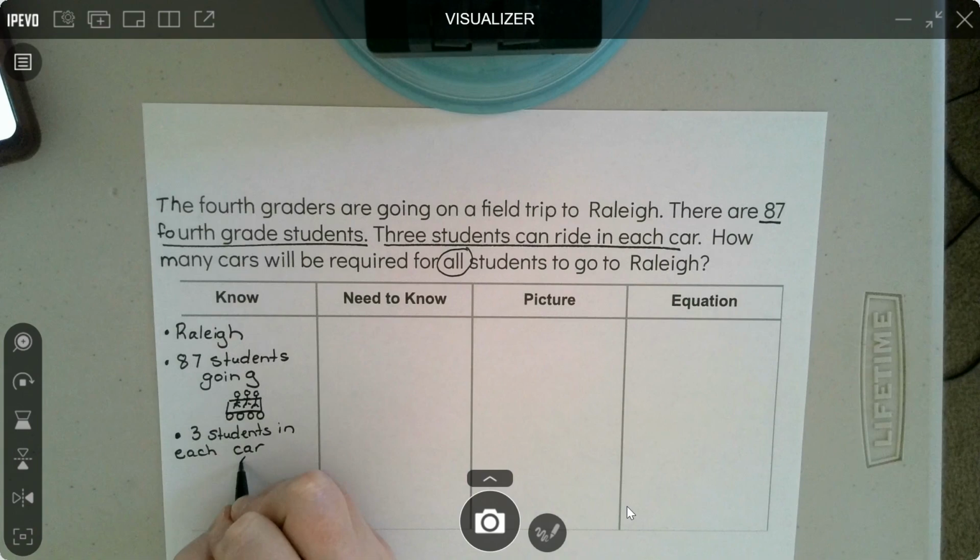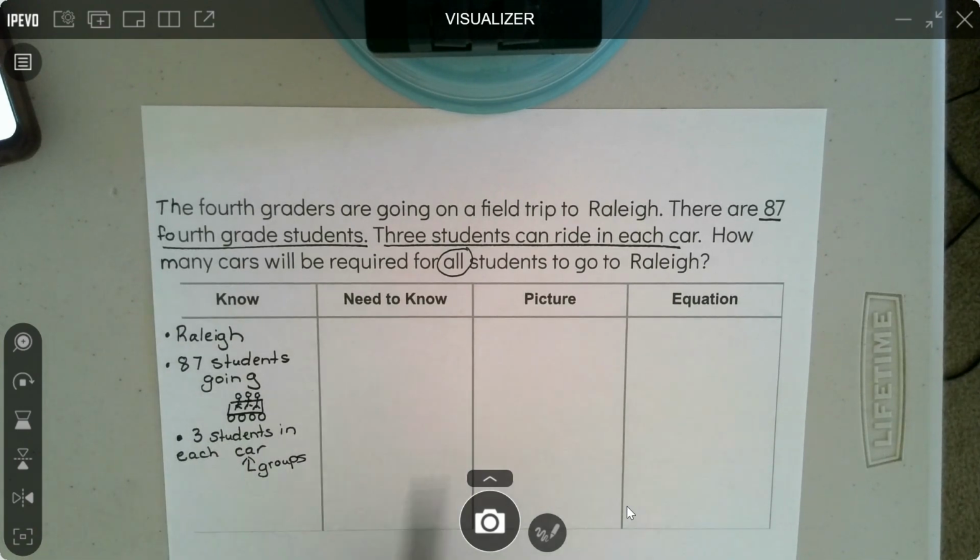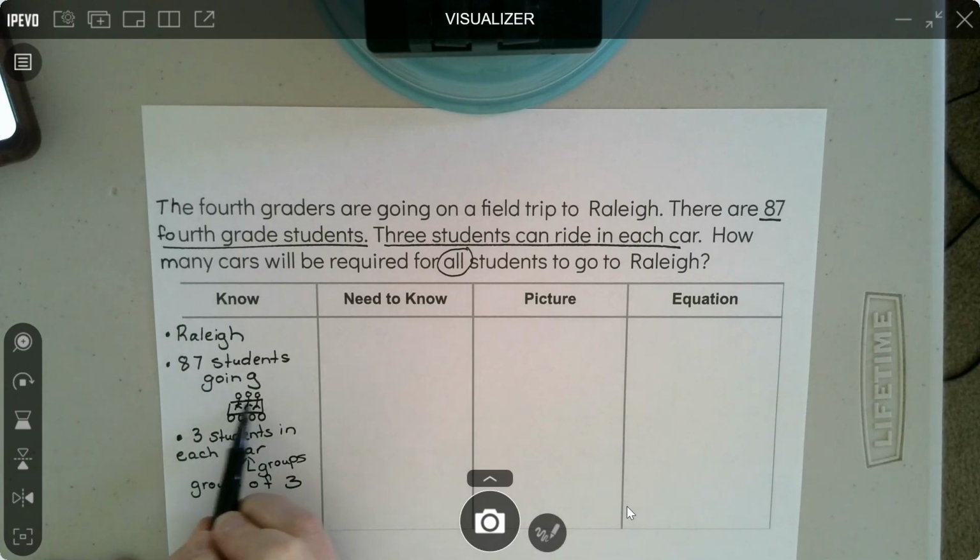The cars are your groups. Okay? So you're going to have groups of 3. The students are your objects in that group.